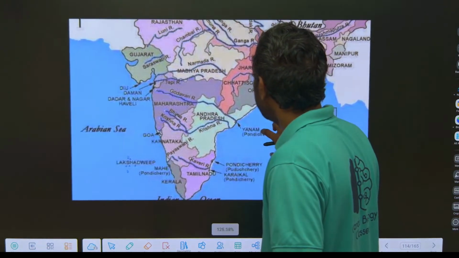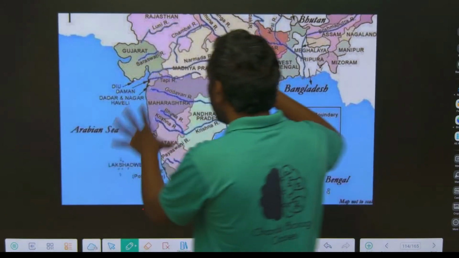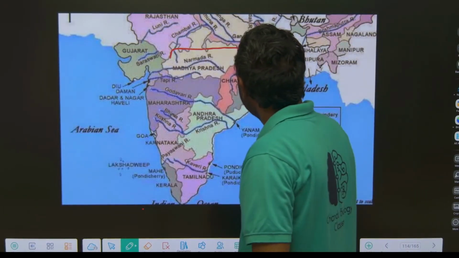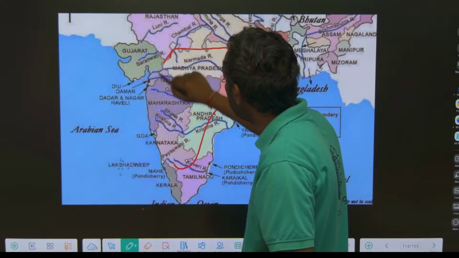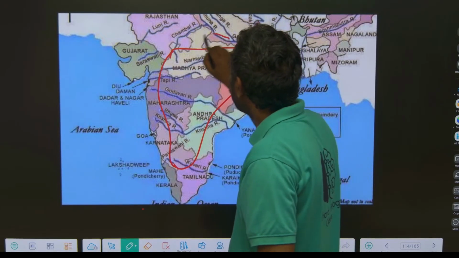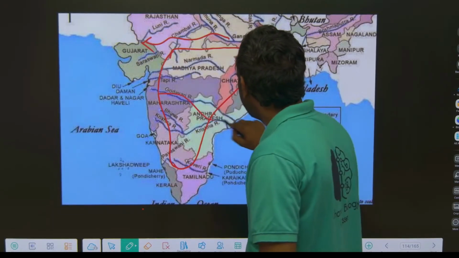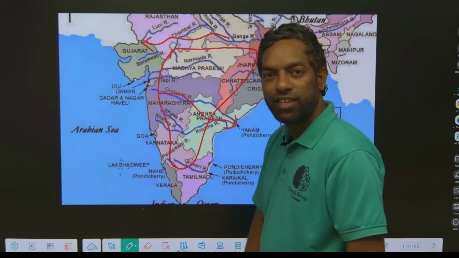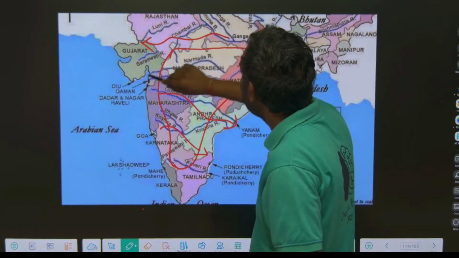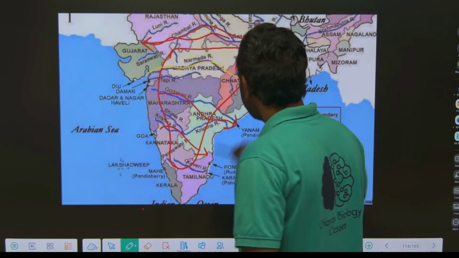This whole area is the peninsular area, mostly the plateaus area. Rivers can flow either westward or eastward. Mostly in this area, these are the ranges, guys.